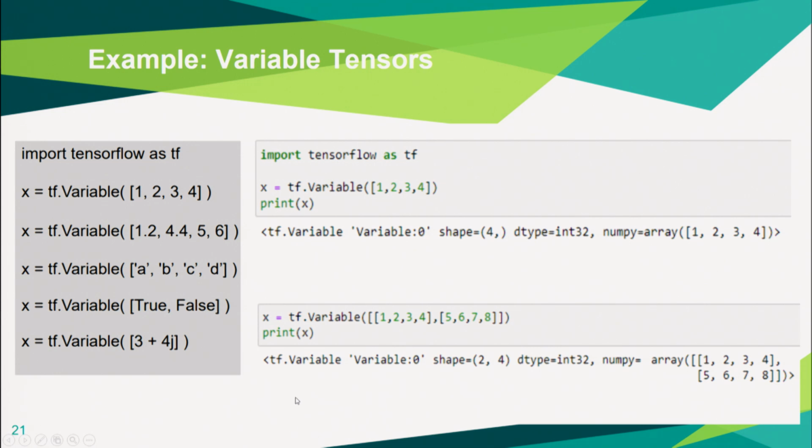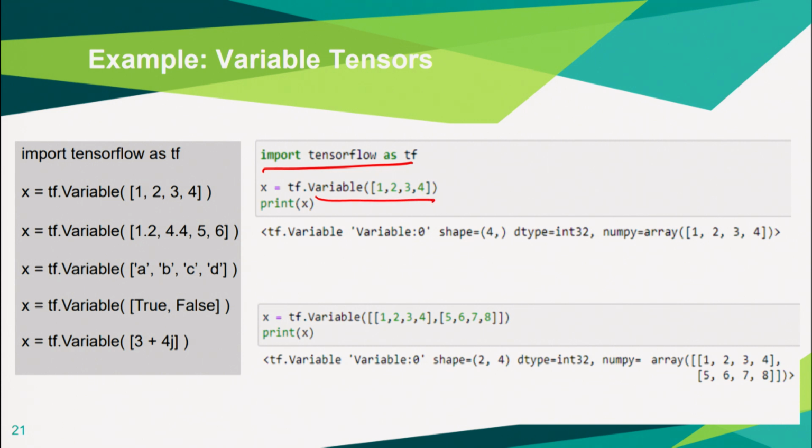Here we can see a simple example in Python of how a variable is created. See the first example: import TensorFlow as tf. This is an import library. From TensorFlow we are creating a variable with tf.Variable, V is a capital letter here, with 1, 2, 3, 4.